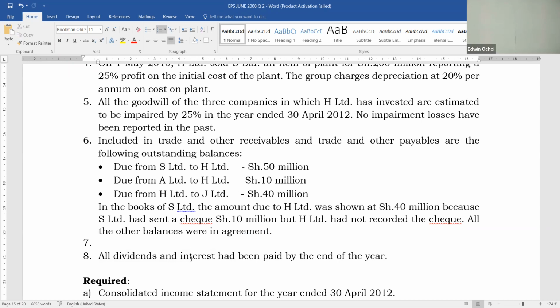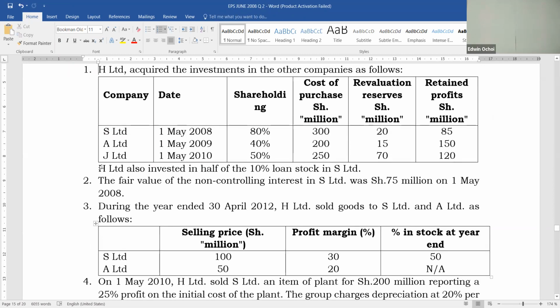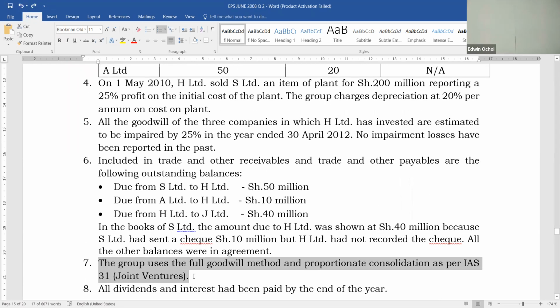See, the examiner gave you the fair value. So when you have this statement here, obviously you know that you would be using the full method. So it was not a must that they give you the statement that you are supposed to use the full method. Anyway, it's fine. So they say that the group uses the full goodwill method and proportionate consolidation as per IAS 31.